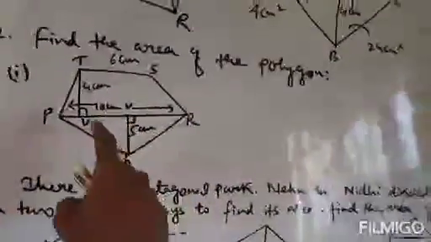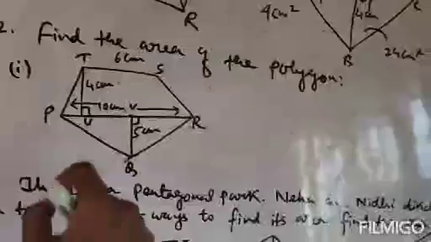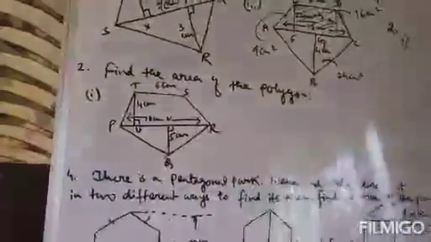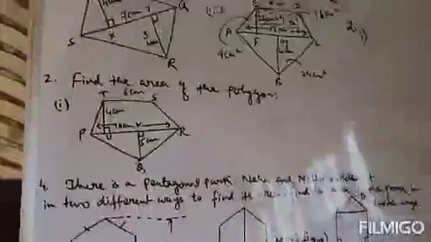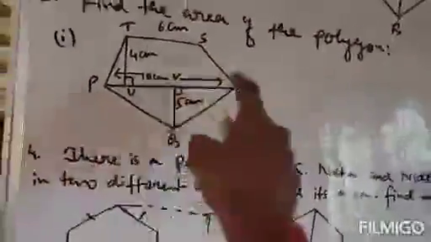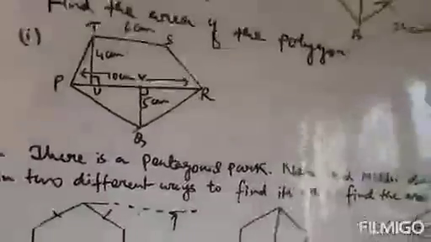I will first find the area of this triangle and then the area of this trapezium, and then add both areas. Whichever method you apply, the answer will be the same. Clear? So first find the area of this triangle, that is PRQ or PQR.